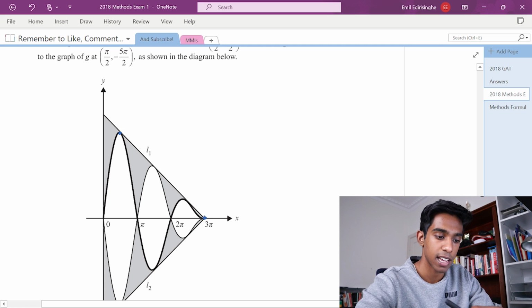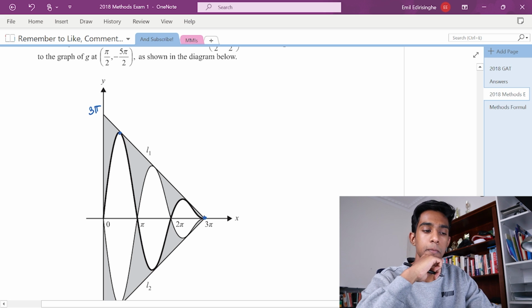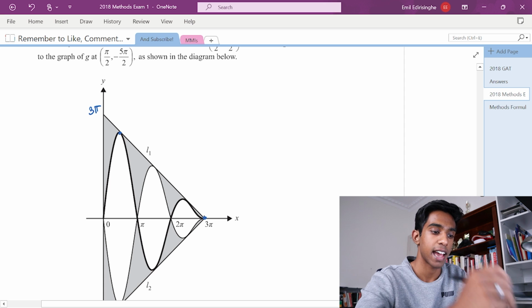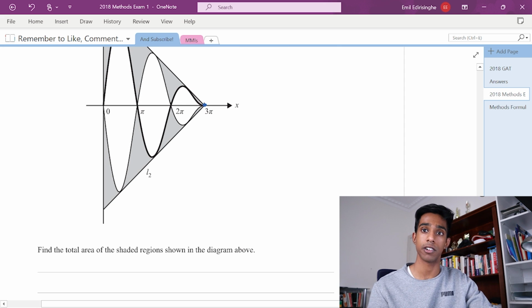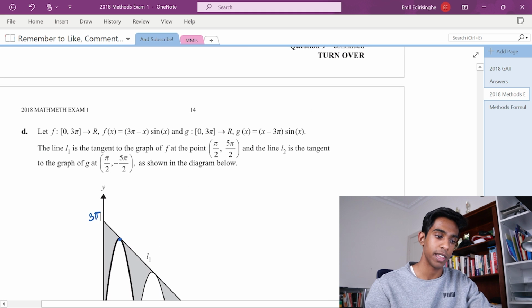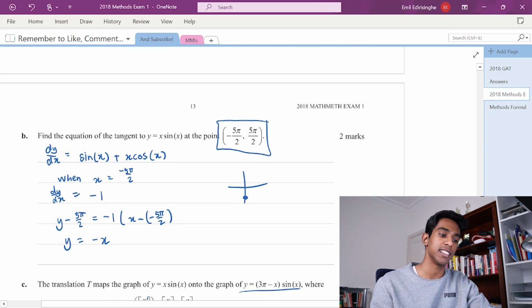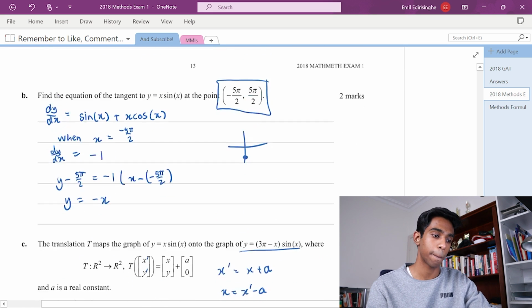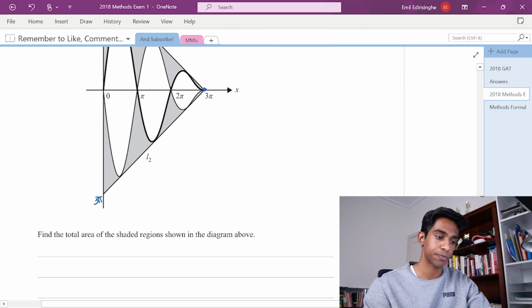And since it intersects at 3 pi, that must mean that this is also 3 pi, because it must have a gradient of -1, and L2 must also have a gradient of 1, because we're told that it's the tangent of the graph of G at that point, which is exactly the same as this tangent we found before. So therefore we know that this must also be 3 pi.